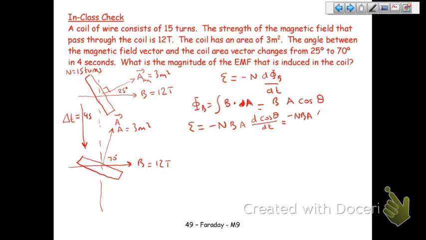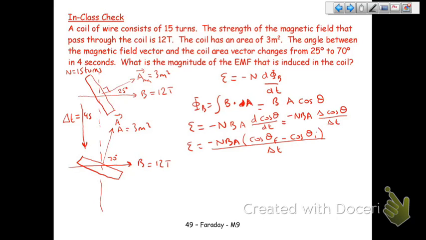It's going to be delta cosine theta over delta t. So E is equal to minus n b a, cosine theta final minus cosine theta initial over delta t.